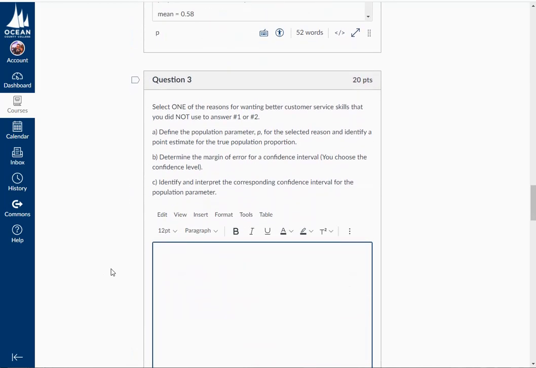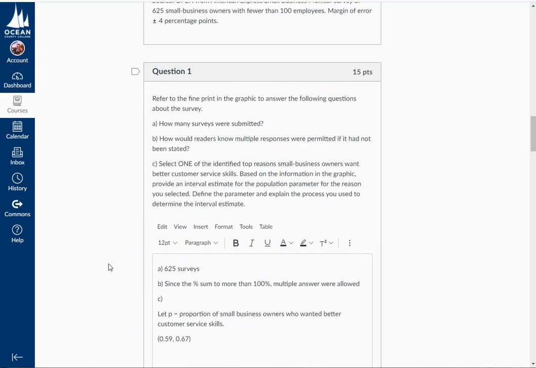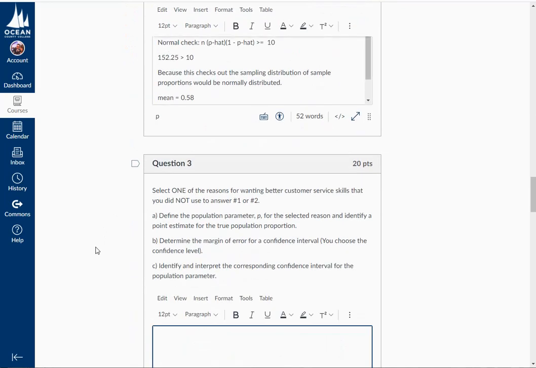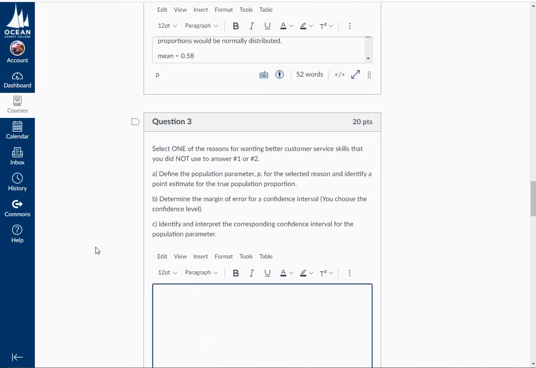Now question 3. Select one of the reasons for wanting better business skills here again that you did not use for answers number 1 and 2. So I've used customer service, marketing and sales, so I'll do financial management next. It says define the population proportion for the selected reason. Identify a point estimate for the true population proportion.